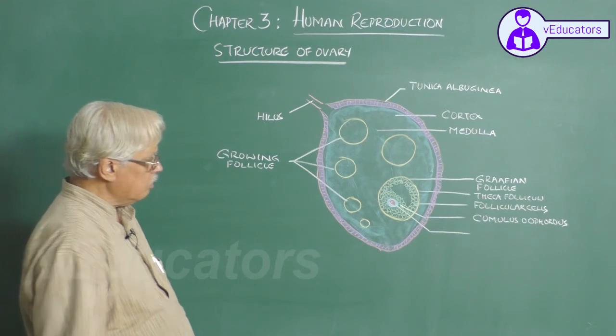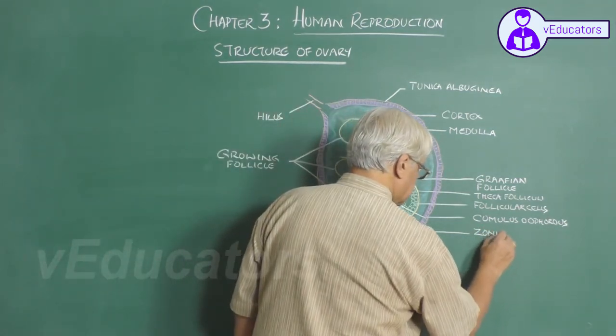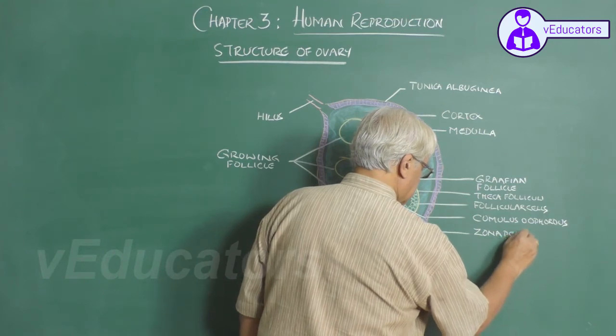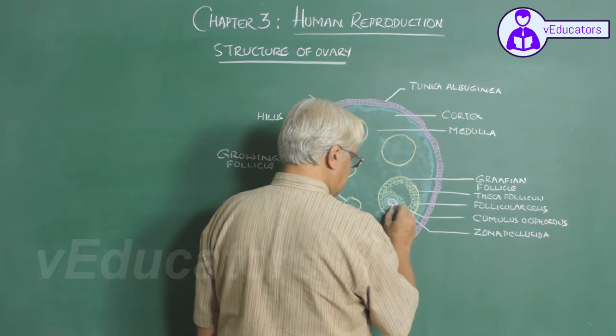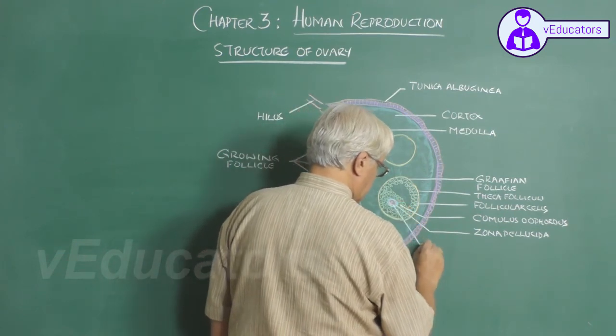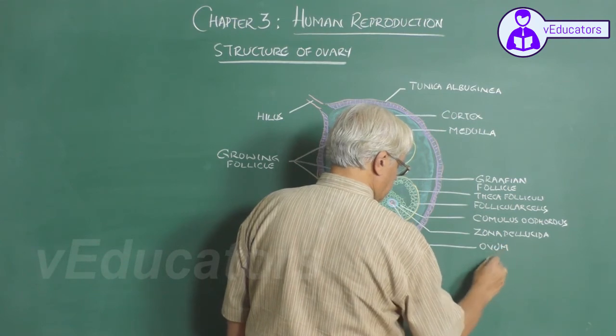Surrounding the ovum, there is a fibrous covering called zona pellucida, containing the ovum.